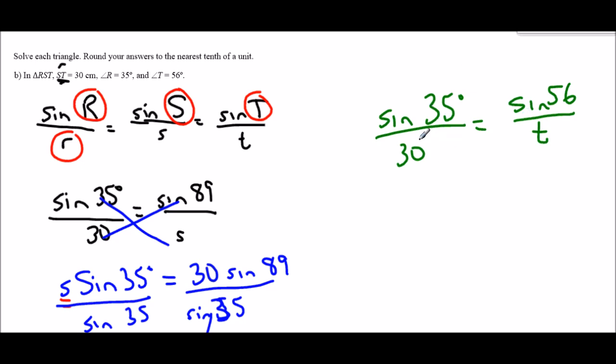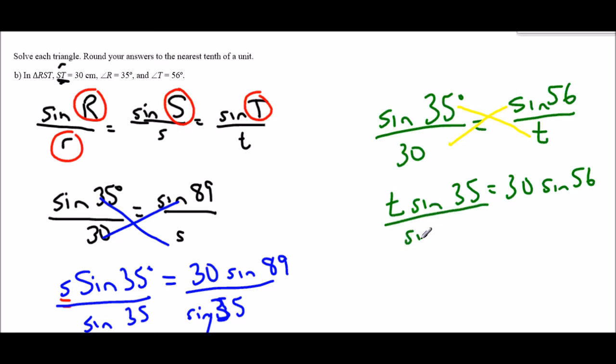Again, I have an equation equals an equation, so I'm going to multiply across. So T times sine 35 is equal to 30 times sine 56. And then my goal is to find T. So to isolate T, I need to divide by sine 35 on both sides.